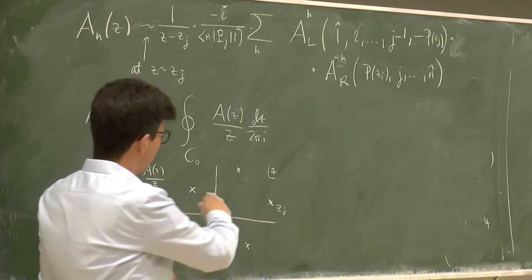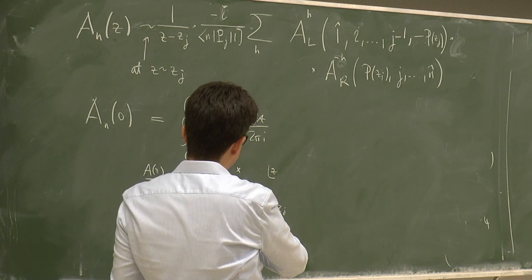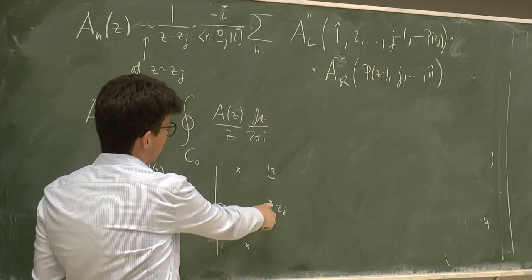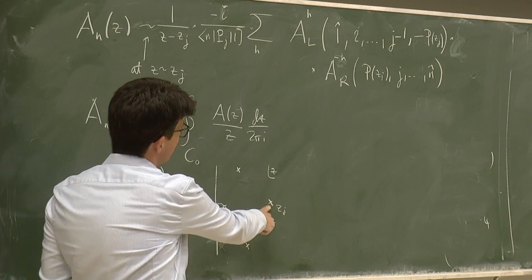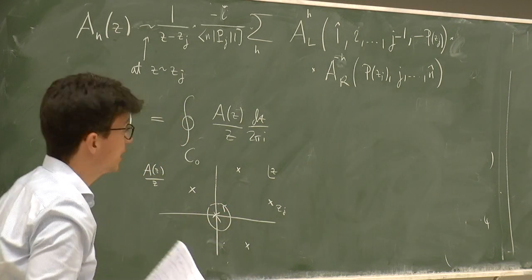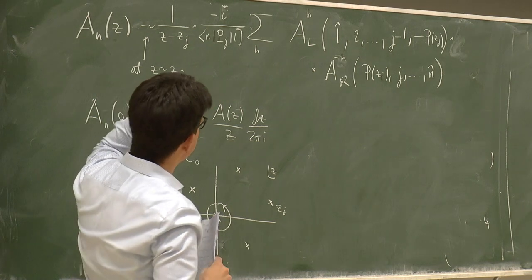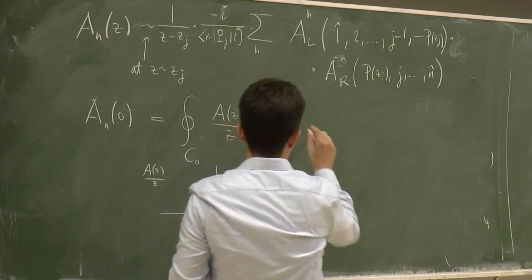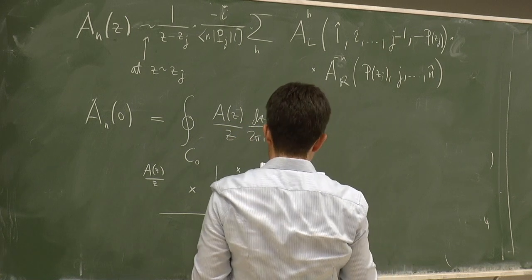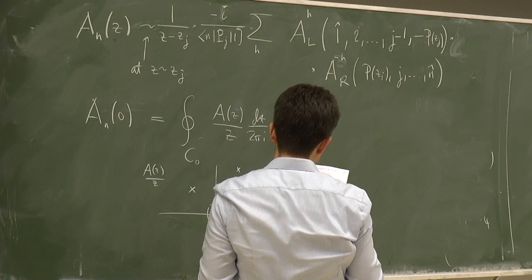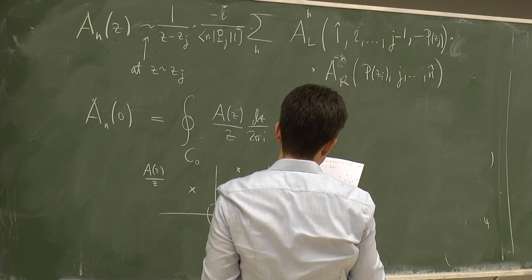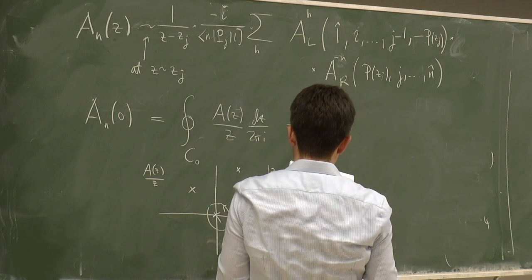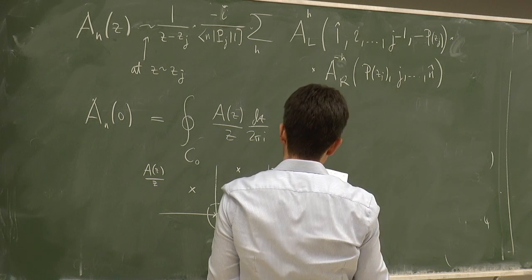So the idea now is to rewrite that integral, or rather that residue, in terms of all the other residues in the complex plane, where we know exactly what the residue is thanks to this formula. So we just write this as minus the formula up there.